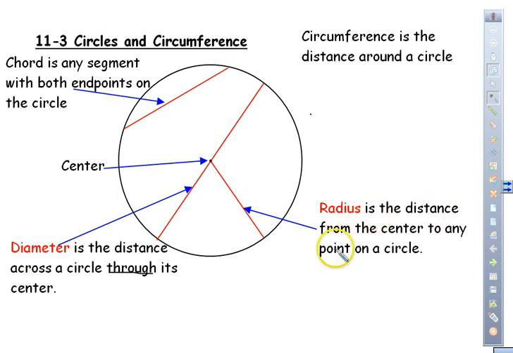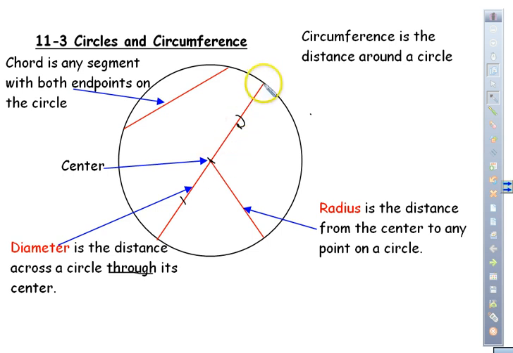Radius is the distance from the center to any point on a circle. So it's from the center to the outside edge, no matter where it is. Now the relationship between my radius and my diameter is that it takes 2 radii to make 1 diameter. So right here, the diameter is made up of 2 radii. Here's the first one, here's the second one.